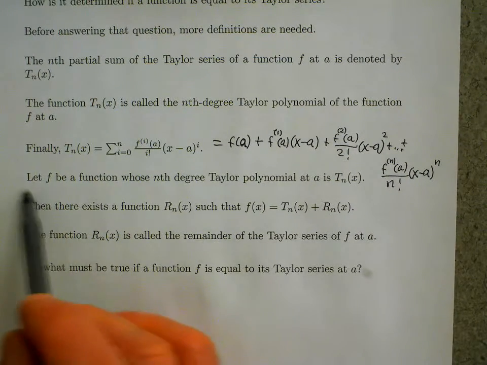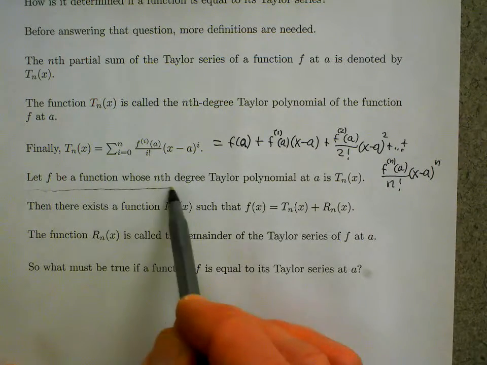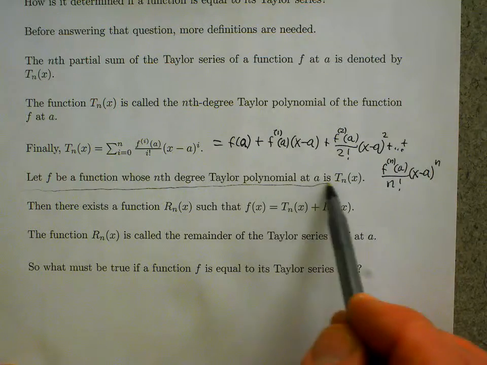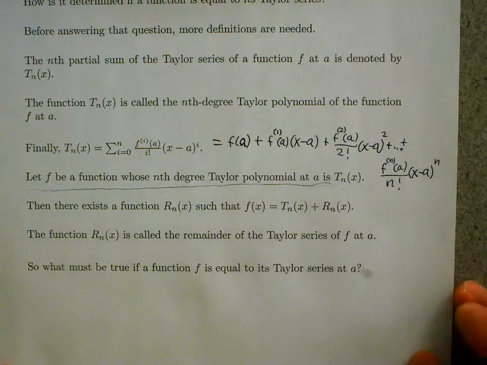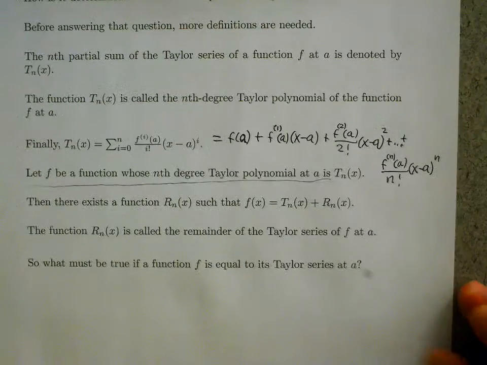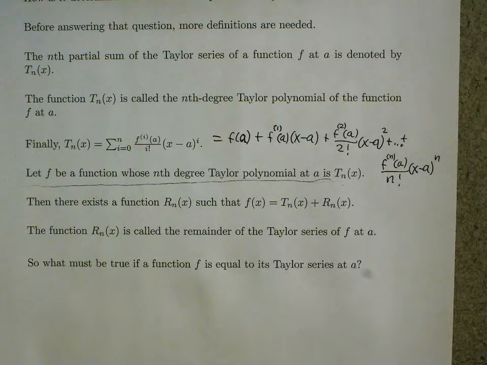Okay, let f be a function whose nth degree Taylor polynomial at a is T sub n of x. So I'm going to make this claim. There exists a function capital R sub n of x such that f of x equals T sub n of x plus R sub n of x.